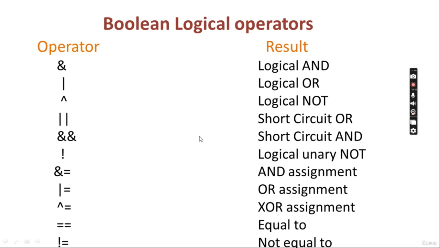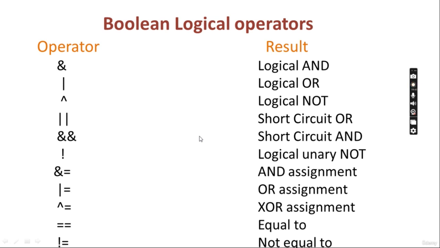Then Boolean logical operators. These are some Boolean logical operators: logical and, logical or, logical not, short circuit or, short circuit and, logical unary not, and assignment or assignment, XOR assignment, equal to and not equal to. So these logical operators are used for checking multiple conditions at the same time in the same line.